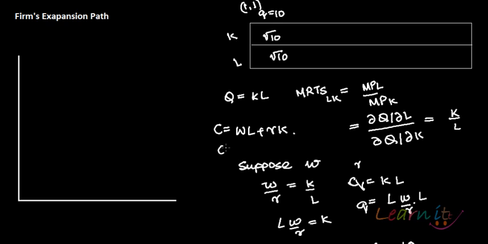But when W and R are both equal to 1, it is just L plus K. C equals L plus K. So supposedly for a given level of W and R, initially this is my isocost line, and corresponding to this is my isoquant, which is producing Q equal to 10.